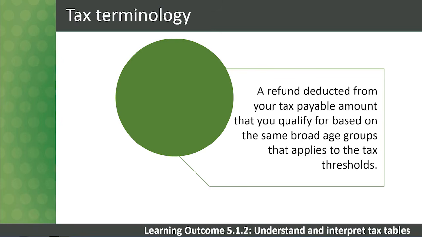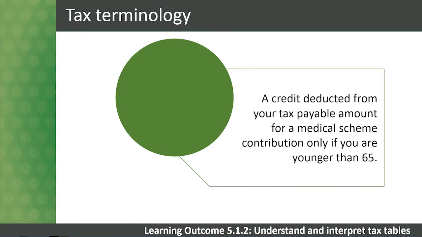A refund deducted from your tax payable amount that you qualify for based on the same broad age groups that applies to the tax thresholds. Tax rebate. A credit deducted from your tax payable amount for a medical scheme contribution only if you are younger than 65.